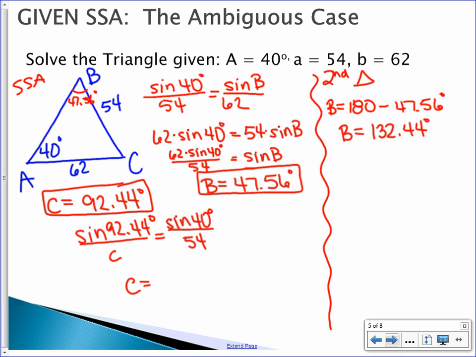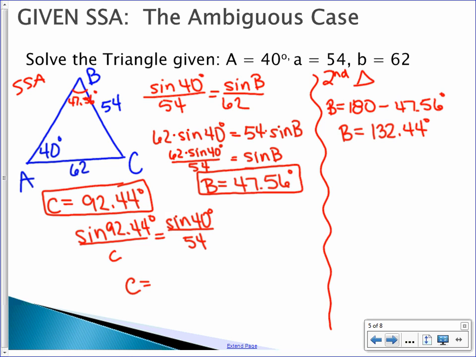Okay. So what is side C? All we have to do is cross multiply, right? Sine of 92.44 times 54 equals the sine of 40 times C. Is anybody doing this for me?